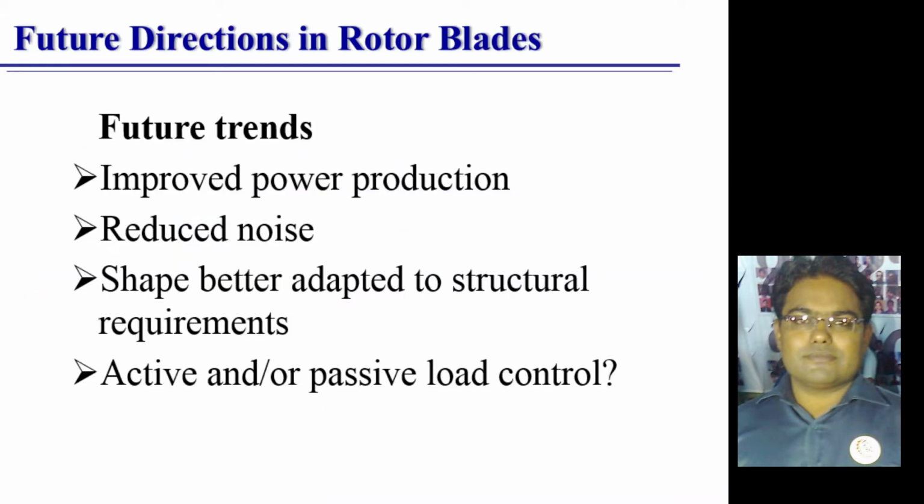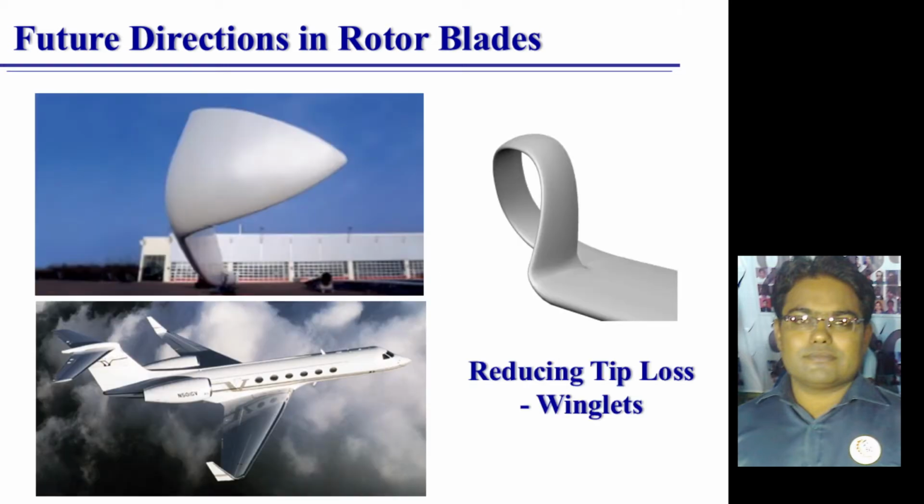Future direction in rotor design. Future direction is we have to improve power production, right, and reduce noise. This is a very important criterion, right, and better shape, right, for structural requirement. Active and passive load control should also be added. So for that purpose, various modifications have already been tried, and at present also we are trying them.